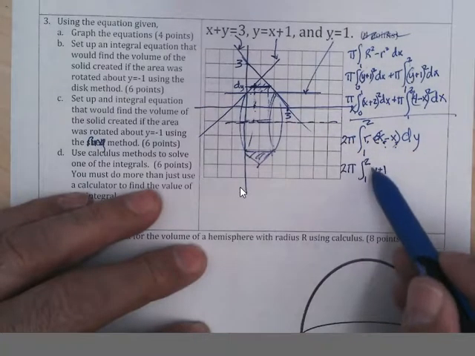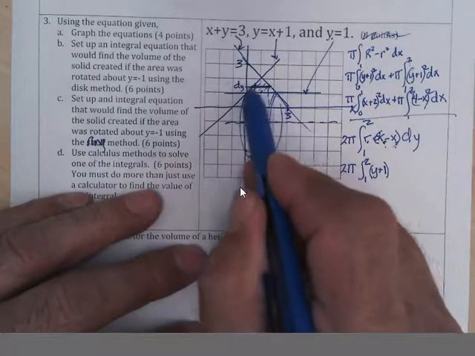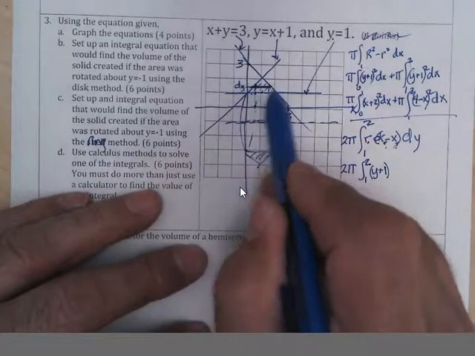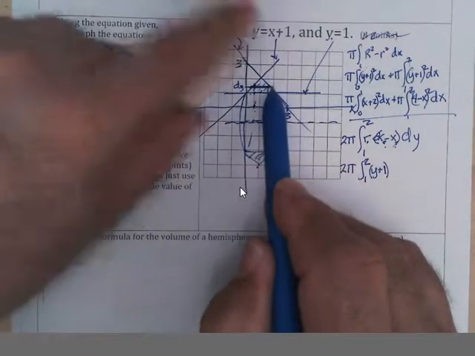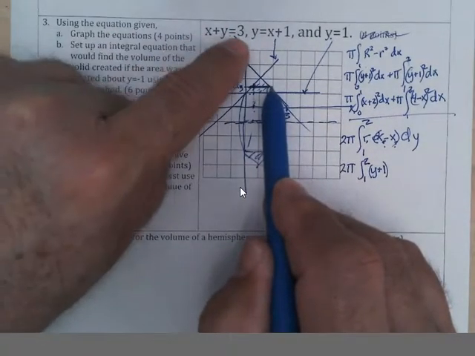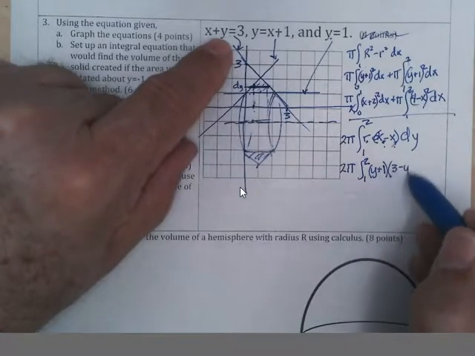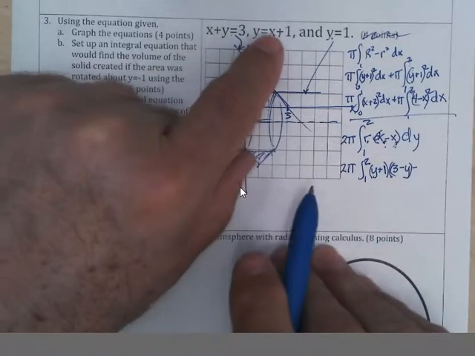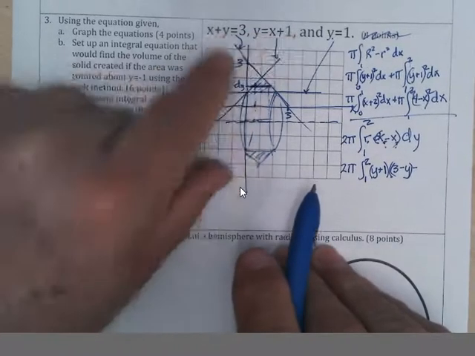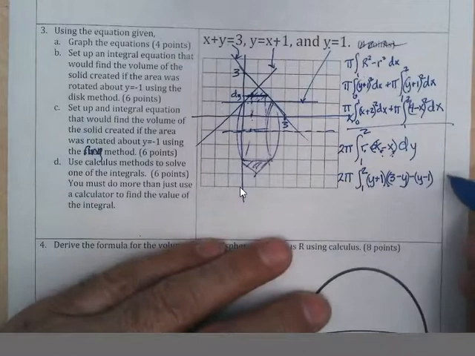It's 2 pi times the radius times the height times the thickness. Now the height is going to be the x from this graph, which is this one, and that's 3 minus y, minus the x from this graph, which is y minus 1, dy.